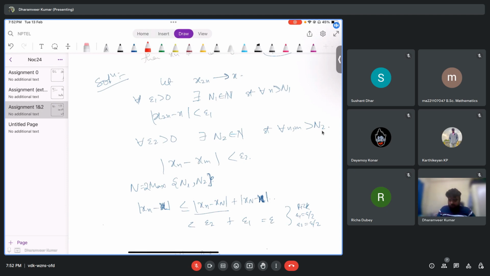So what you show is, you start with Cauchy, you show that the sequence is bounded, then from there you show that every bounded sequence has a convergent subsequence, then again Cauchy and this convergent subsequence, and that's how you show convergence.